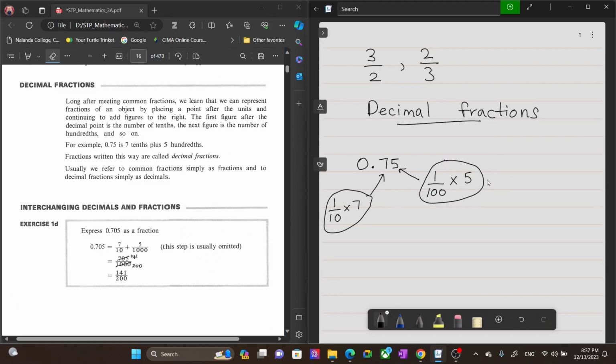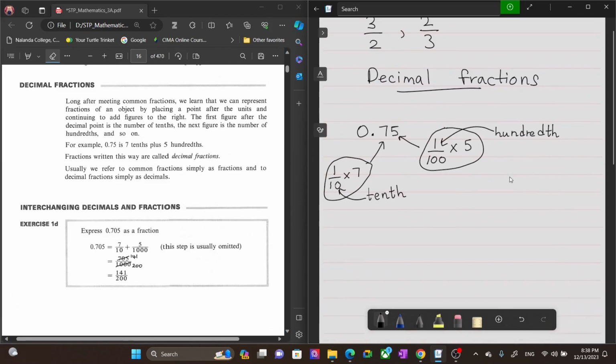You can hear me pronouncing hundredths, there is a th at the end of that word. This is a hundredth. This is a tenth. And like that, we can write these decimal fractions.